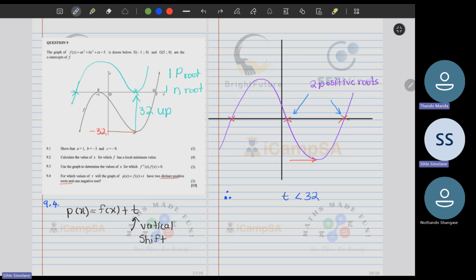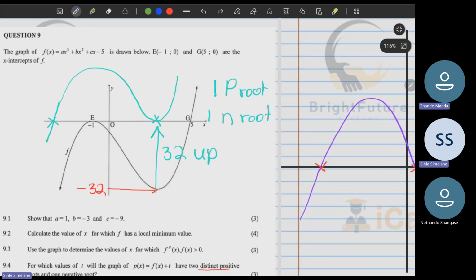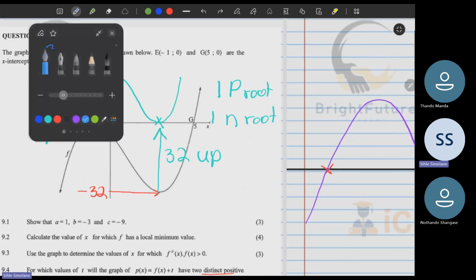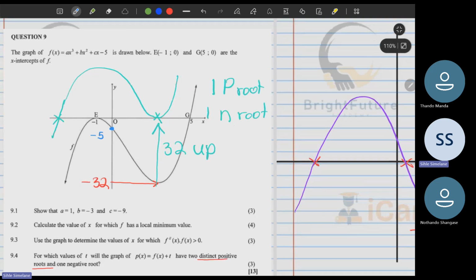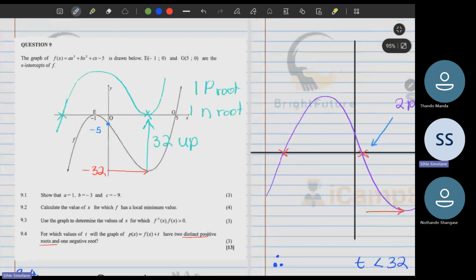Okay, so let me help you. Let's think about this carefully. If you observe carefully, the value that is sitting there, we're at -5. We want to push everything up, but the -5 we must be very careful of.